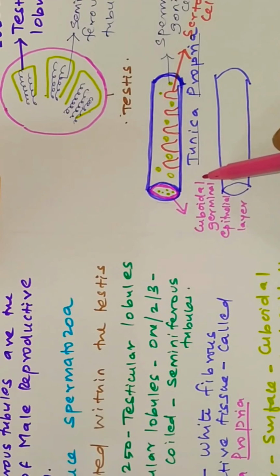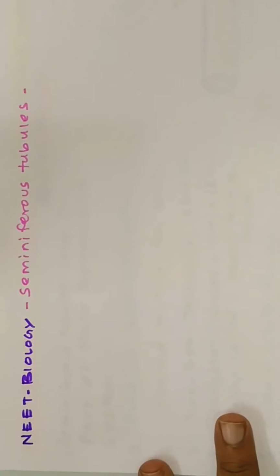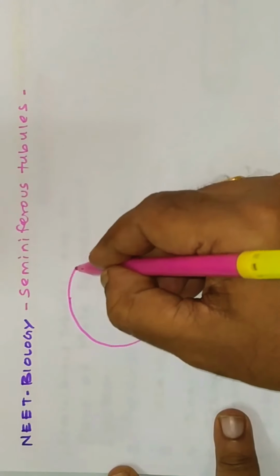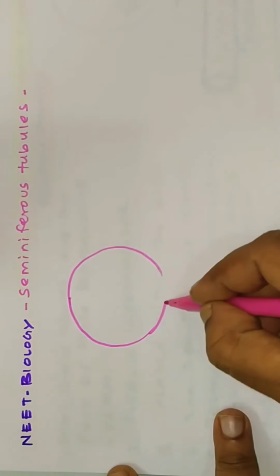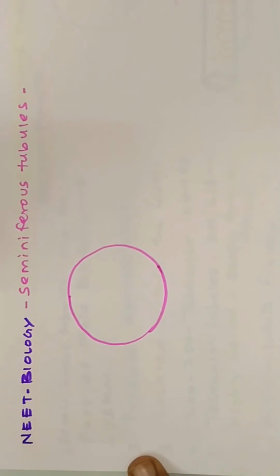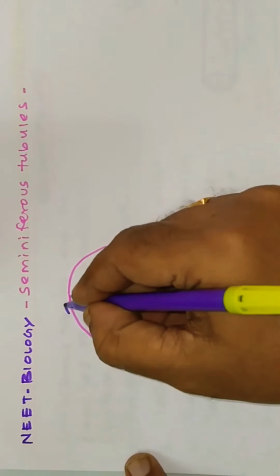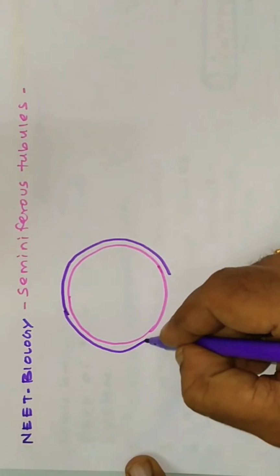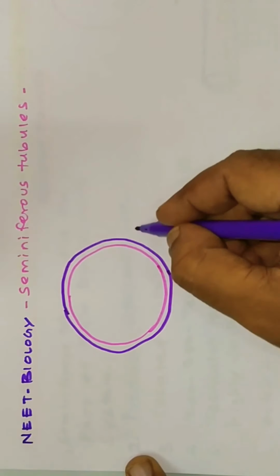If we take a cross section of seminiferous tubules, we can see the two cells' locations clearly. Consider this seminiferous tubule cross section. Outer layer, tunica propria. Inner layer, germinal epithelial layer.